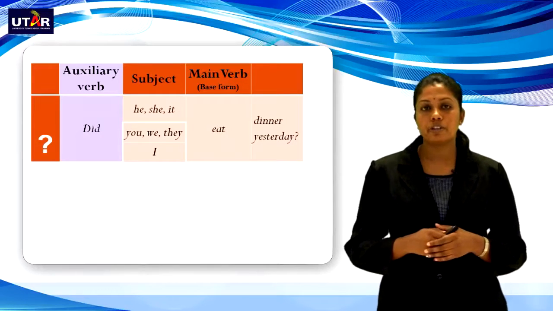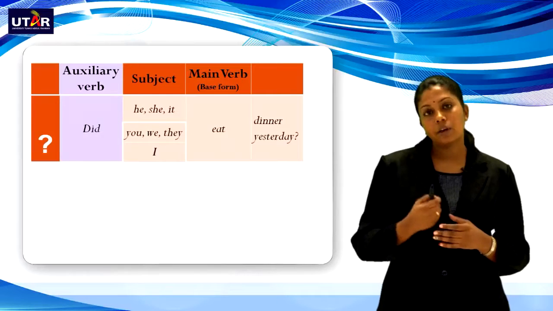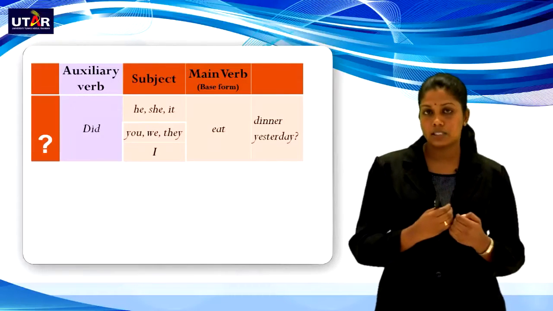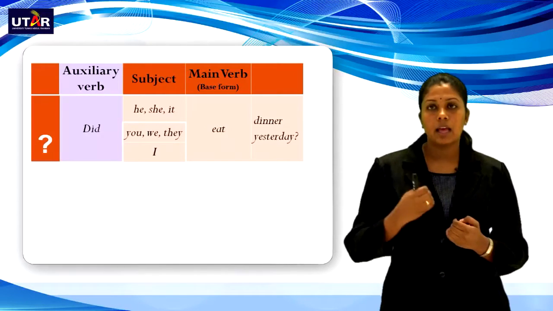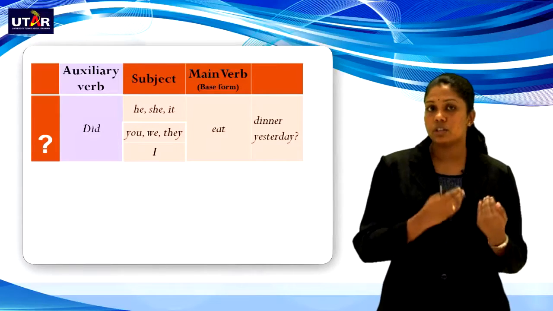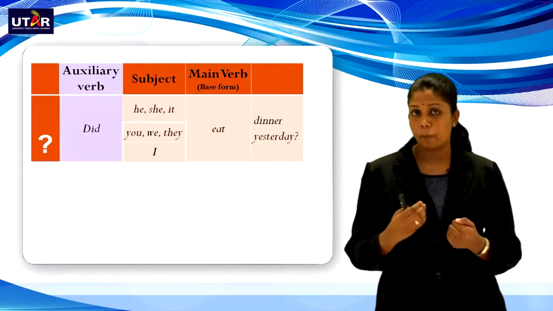Now let's move on to the question form. In order to construct questions, you should start the question with the auxiliary verb did, followed by the subject and the main verb. Again, since we have used the auxiliary verb, the main verb will be in base form.